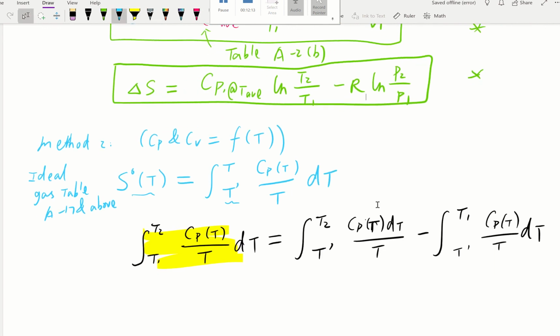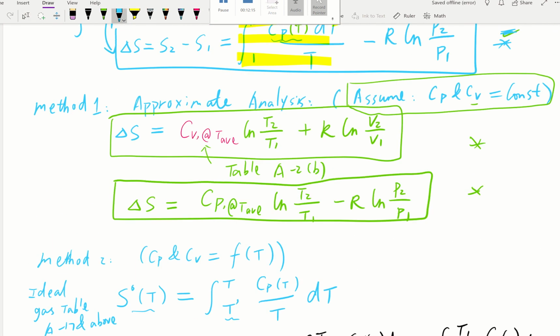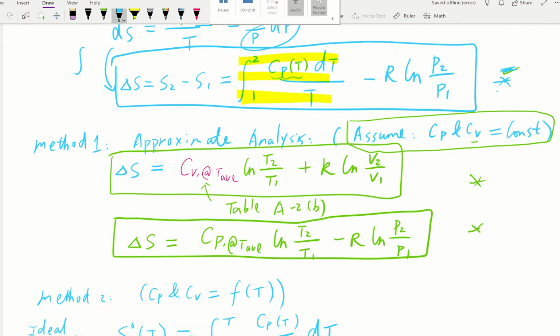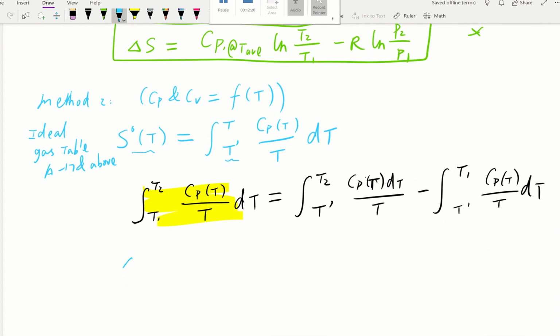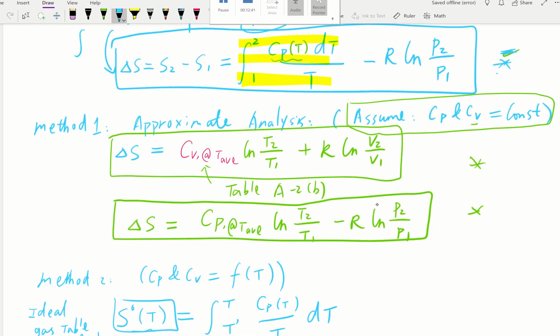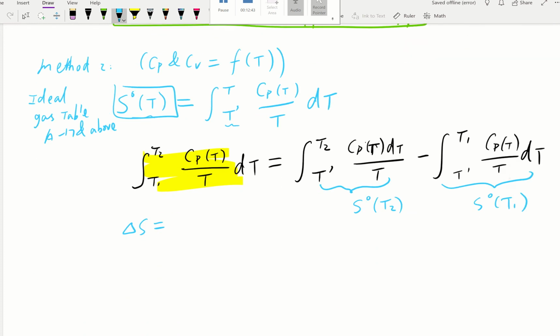Now we have another form for that. So going back to this equation, what do we have as another form of delta S? This is going to be equal to S naught T2, and this here will be S naught T1. Knowing that, this equation right here has totally changed its form.